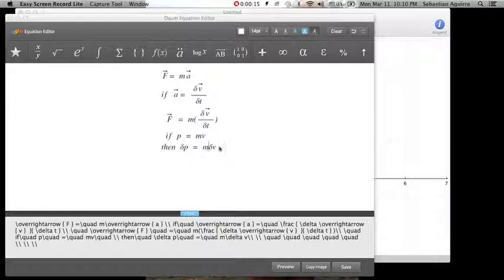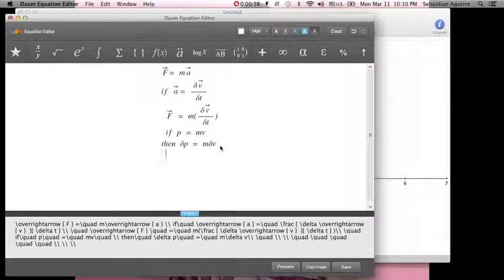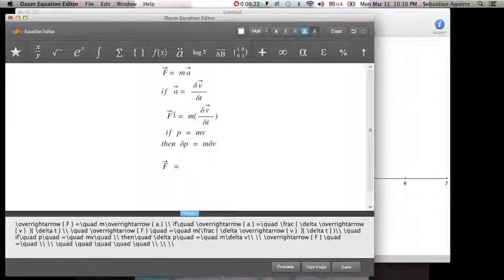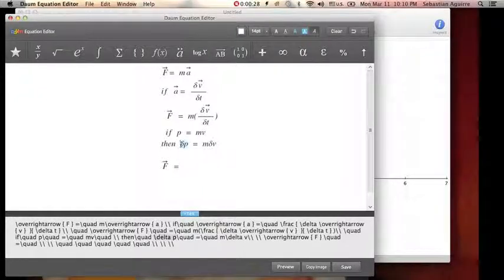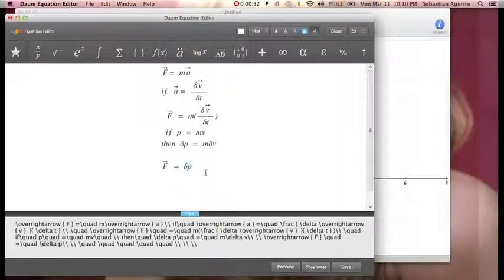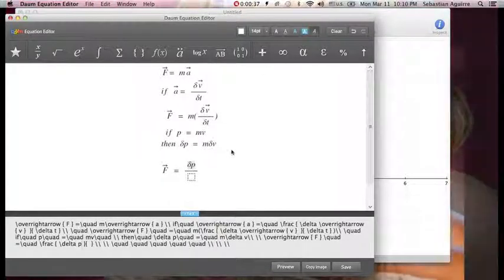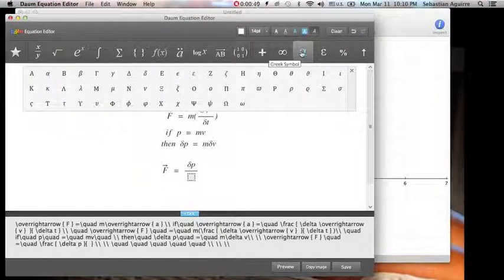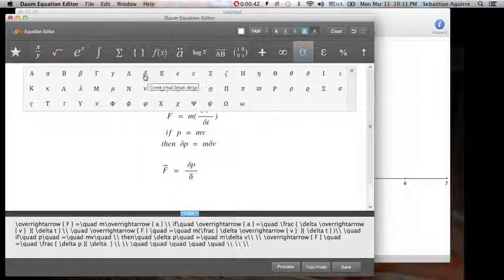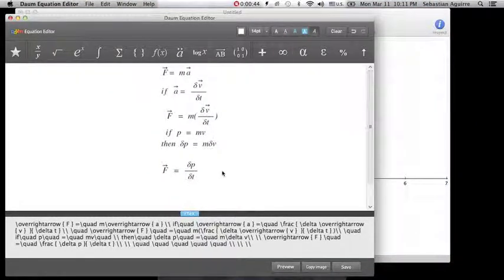So we will thusly write that the force is equal to the change in momentum over the change in time. This is another presentation of Newton's second law.